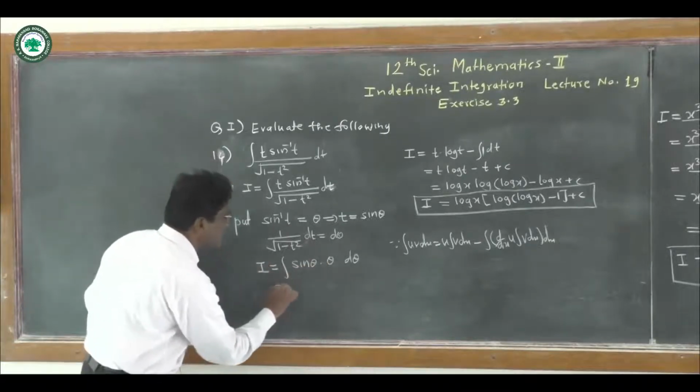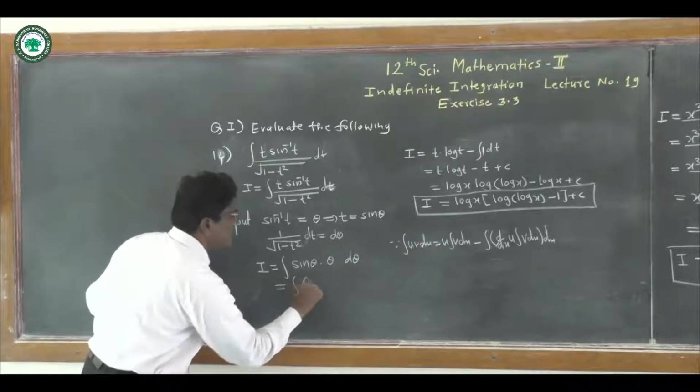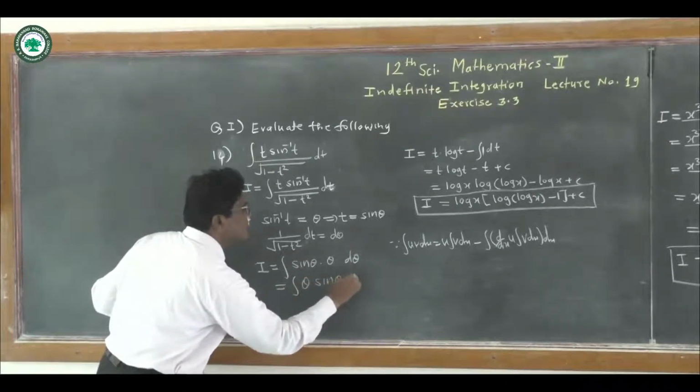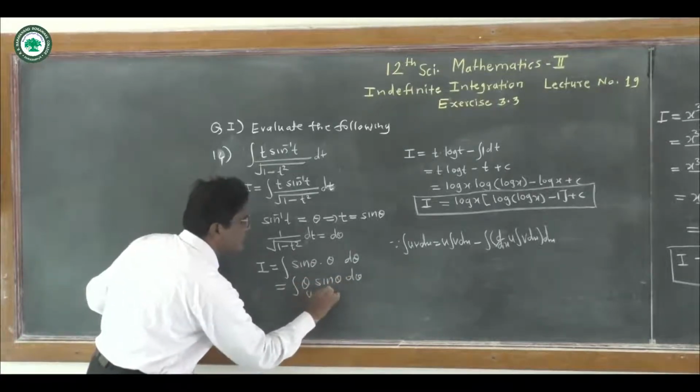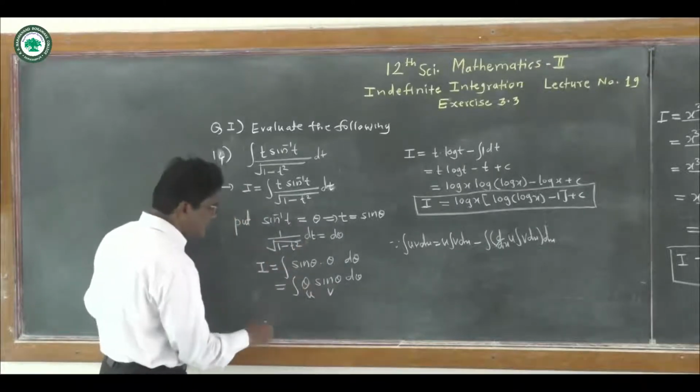So we rewrite the problem like this: integration of theta into sine theta d theta, and call this as u and this as v, and integrating by parts.